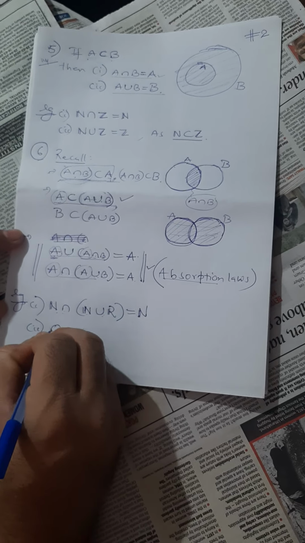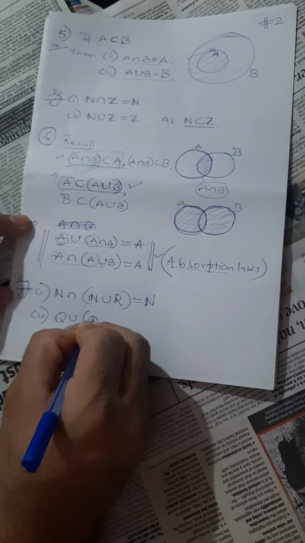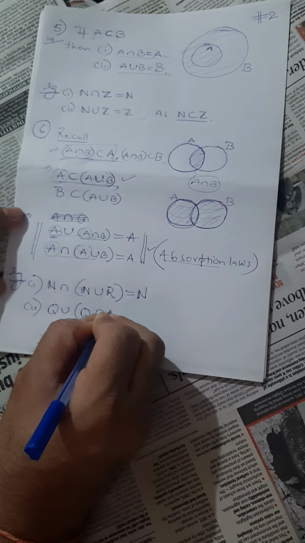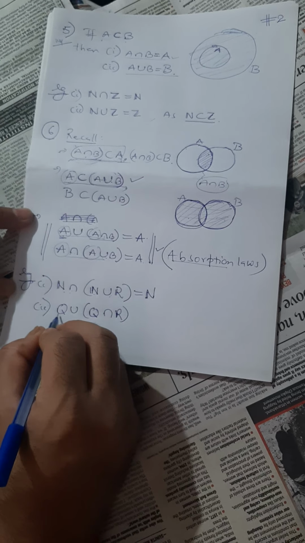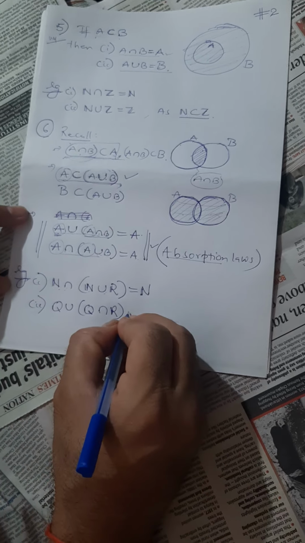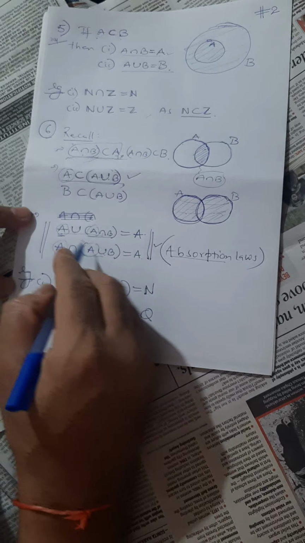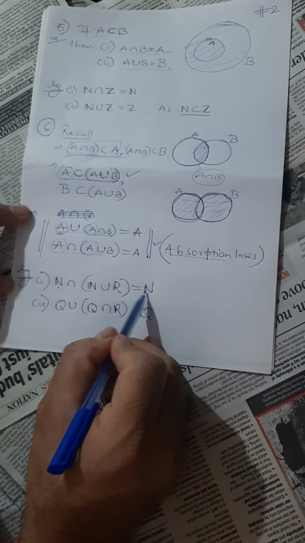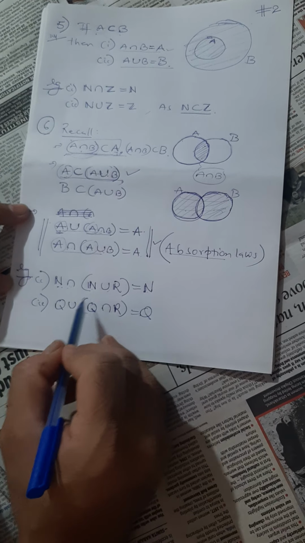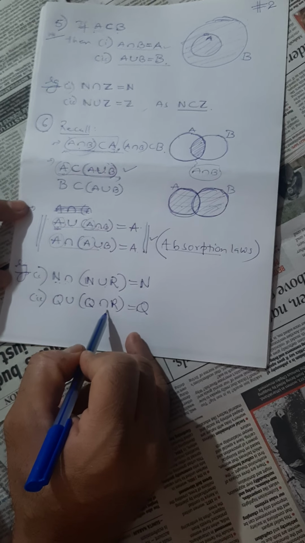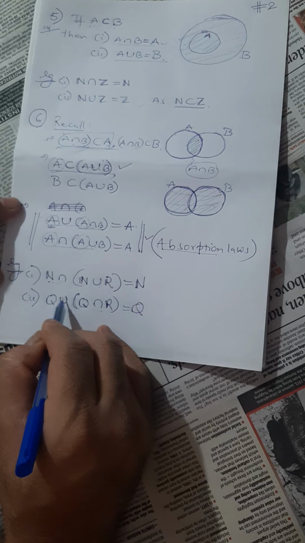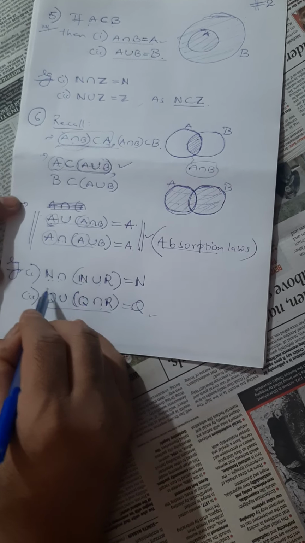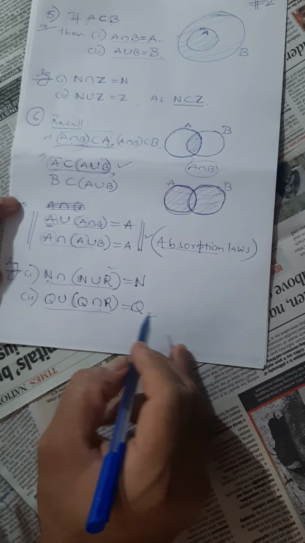Second, if I write Q union Q intersection R, where R means all real numbers and Q means rationals, then if you verify this, the answer will be Q only as per these two properties. Directly also you can verify here that the answer will be Q again.